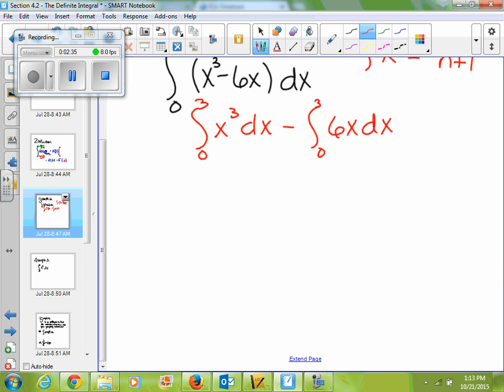If I integrate x cubed, 3 plus 1 gives me 4, so I get x to the 4th divided by 4, and I'm going to evaluate that from 3 to 0. Then if I do the same thing for 6x, 1 plus 1 is 2, so I get 6x squared divided by 2, evaluated from 3 to 0.